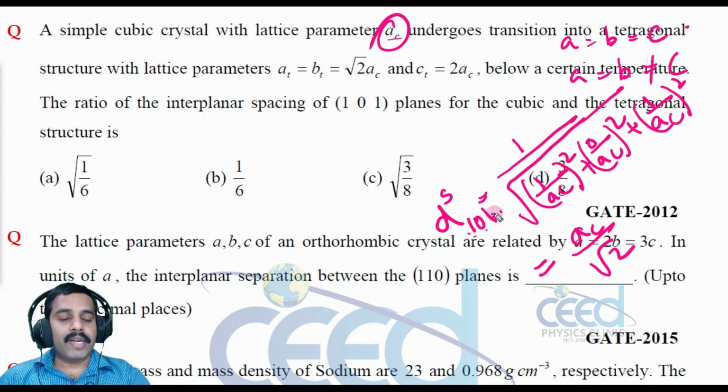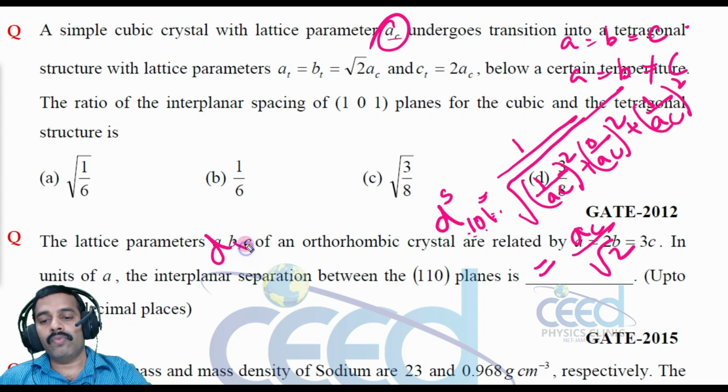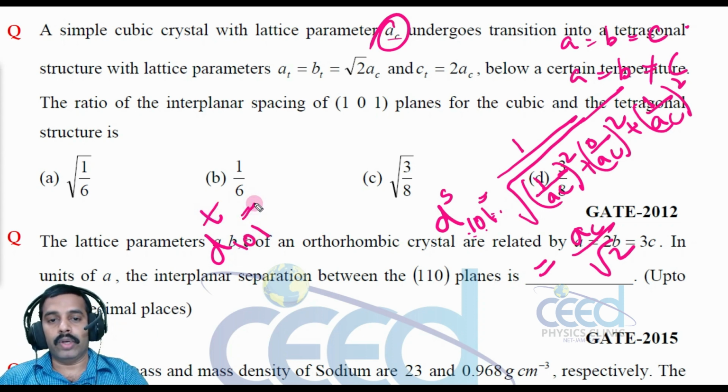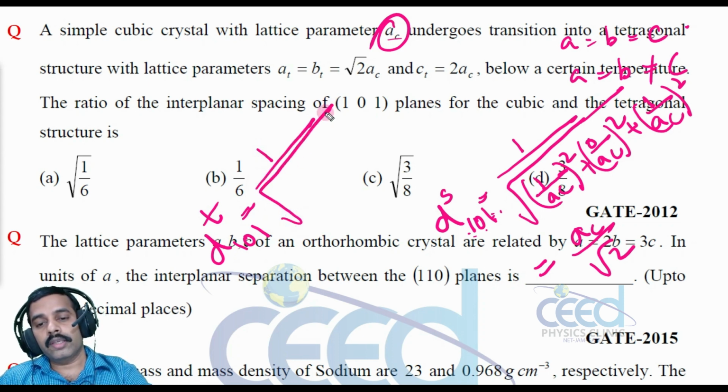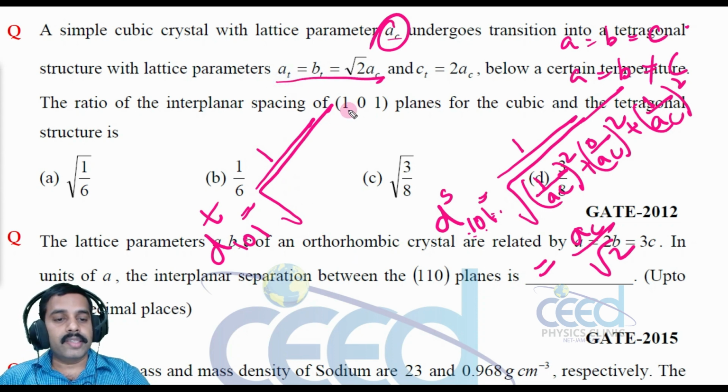Now if I transfer this into tetragonal structure, what will be the spacing? So d of 101 for tetragonal structure, where A and B are equal. I am considering the hkl plane, that is 101.